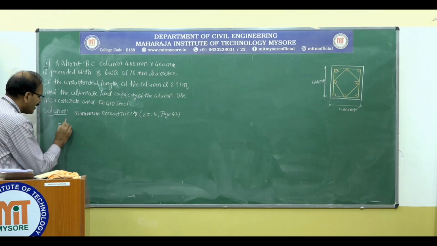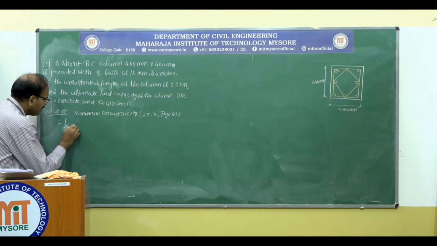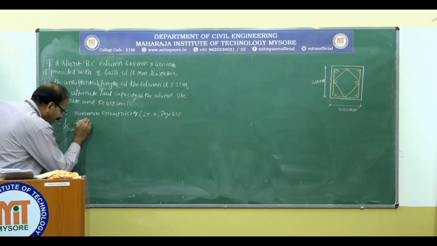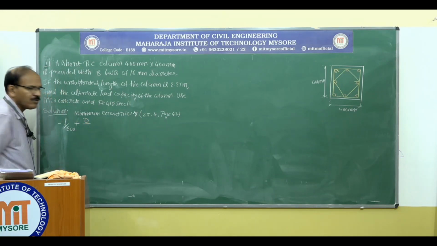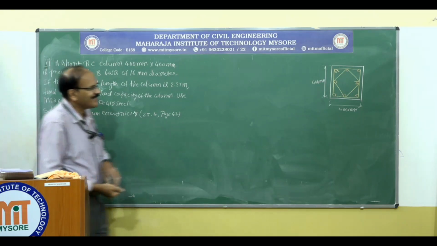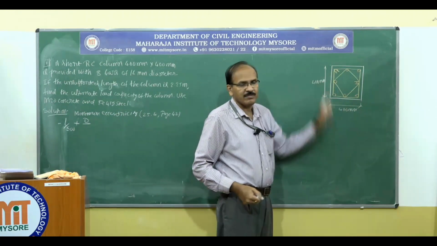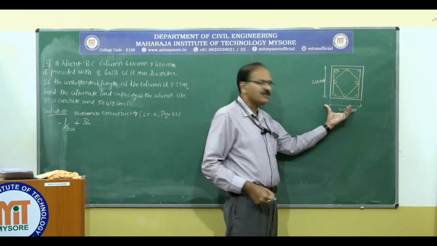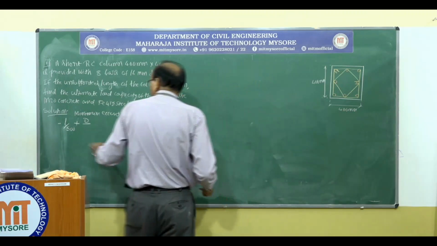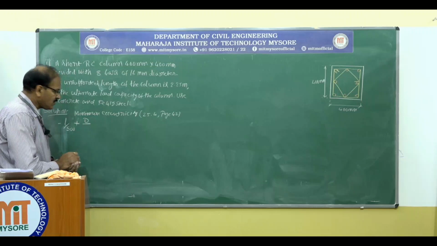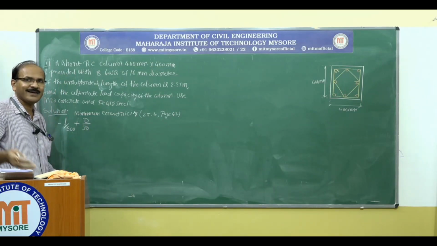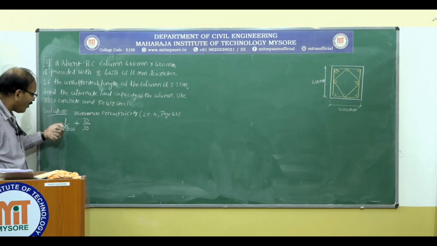One is L divided by 500 plus lateral dimension. In this case, you call it small d or b. It is one and the same, because it is a square column. This is the least dimension, at the same time the biggest dimension. So L by 500 plus d by 30. That is what the code says. So what is L?